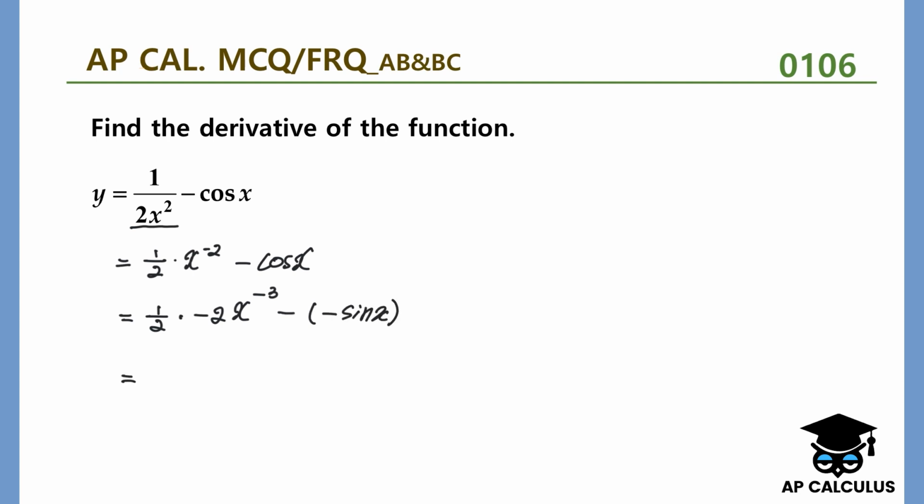So that is equal to, here the 2 cancels out. So that's negative x to the power of negative 3. X to the power of negative 3 is 1 over x cubed, right? So negative 1 over x cubed. And negative times negative gives us positive. So plus sine x, right?